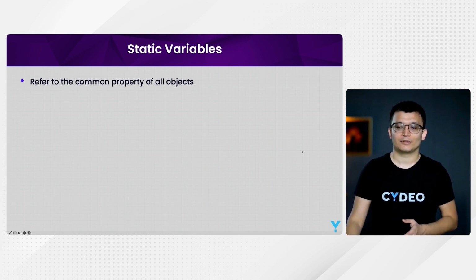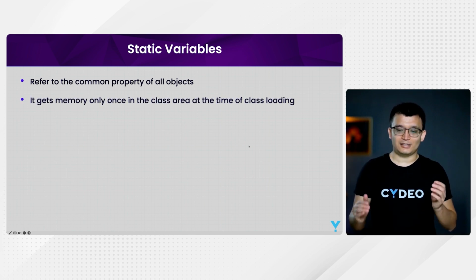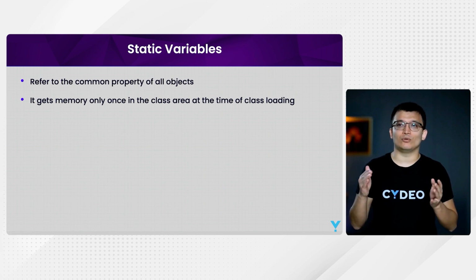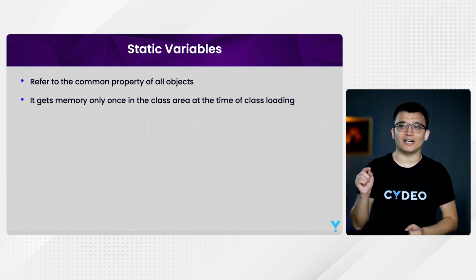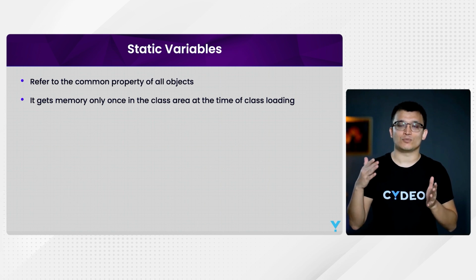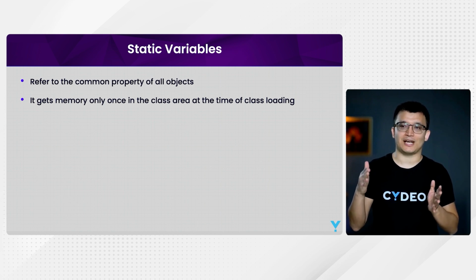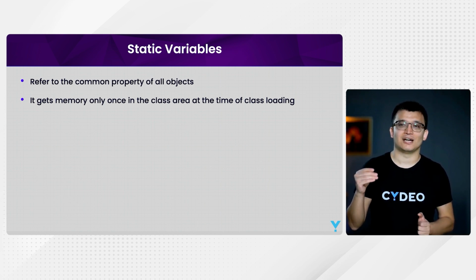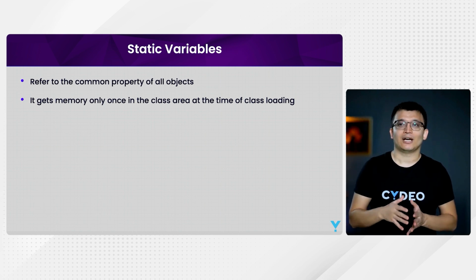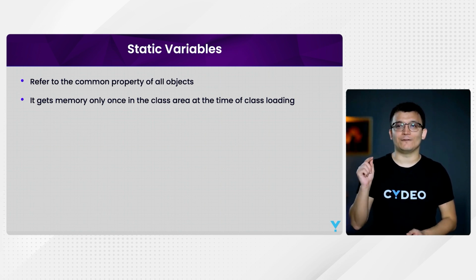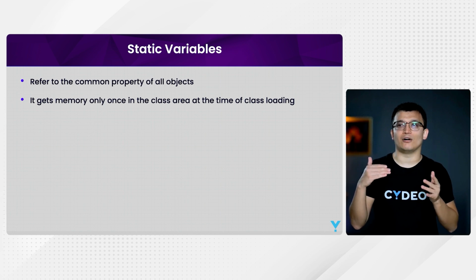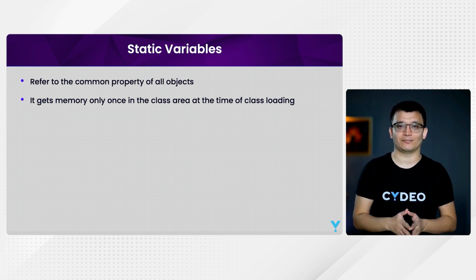And it gets memory only once in the class area at the time of the class loading, which means static will be set as soon as the class is loaded. And only one single copy of the variable will be shared by all the objects of the class.